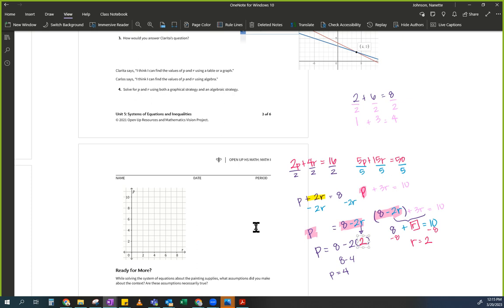So P, paintbrushes, were $4 each, and rolls of tape were $2 each. Does that make sense? So if it's in a context, then give yourself the context.